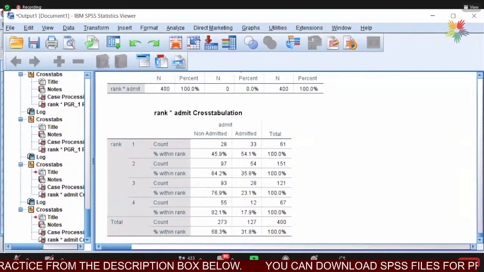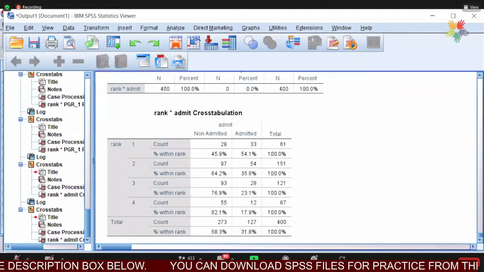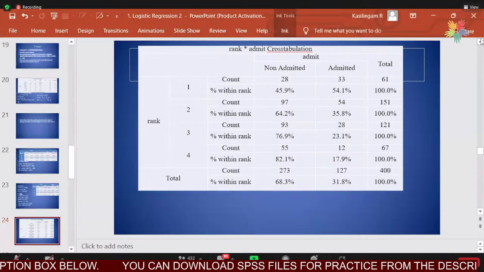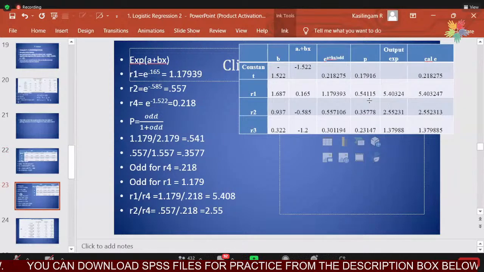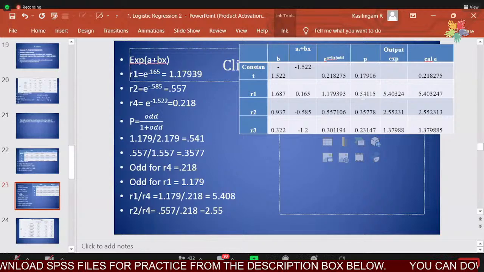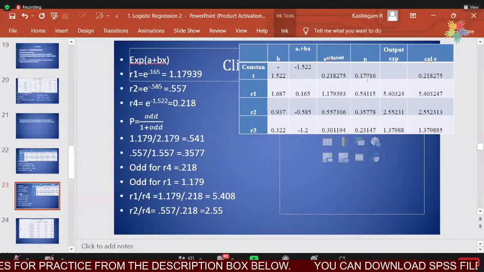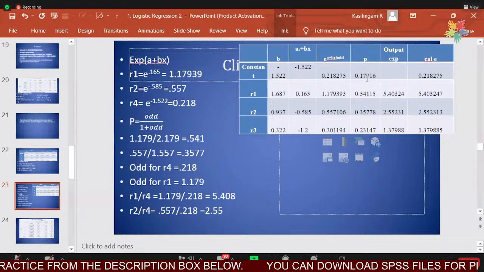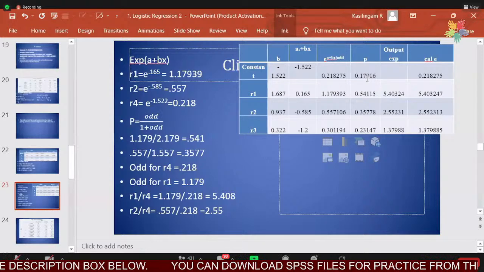Now let us look at whatever we have calculated. Percentage of probability 54, 35, 23, 17. So we can find out the probability of the people who have studied from the rank 1 institution.